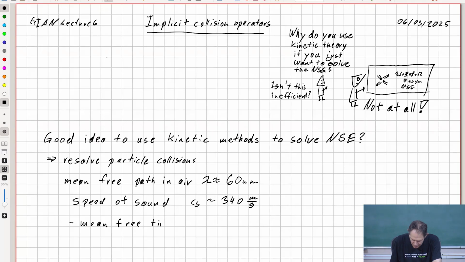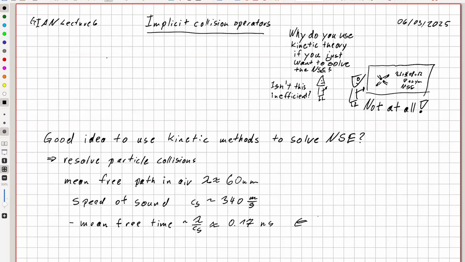And this means you have a mean free time, which is proportional to the mean free path divided by the velocity of sound, of about 0.17. It doesn't really matter, say 0.1, 0.2 nanoseconds.